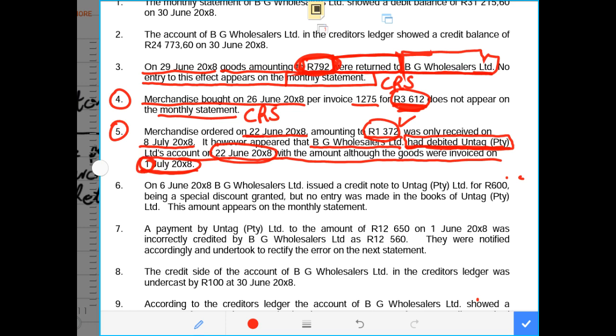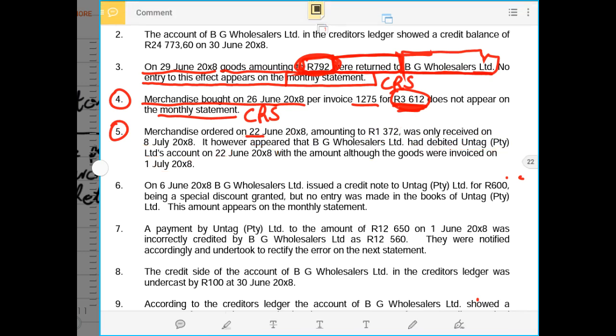This reconciliation that we are doing is only for the month ending 30 June. They invoiced us in June, and that was not supposed to be the case. They're supposed to bill us for the following month, not for this month. So that is why this entry needs to be reversed in the creditors reconciliation statement.